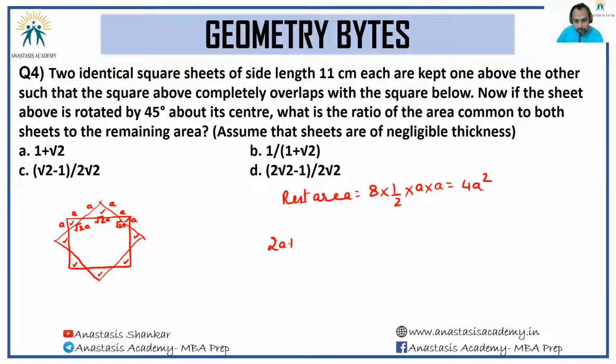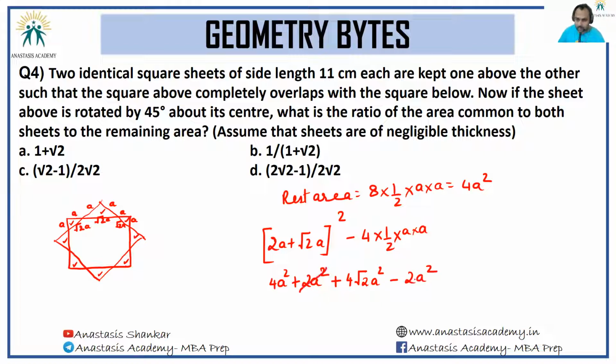So (2A plus root 2 A) whole square minus 4 into a half into A into A. So this gives me 4A square plus 2A square plus, let's see, 2 into 2 root 2 into 2 A square, minus 2A square.